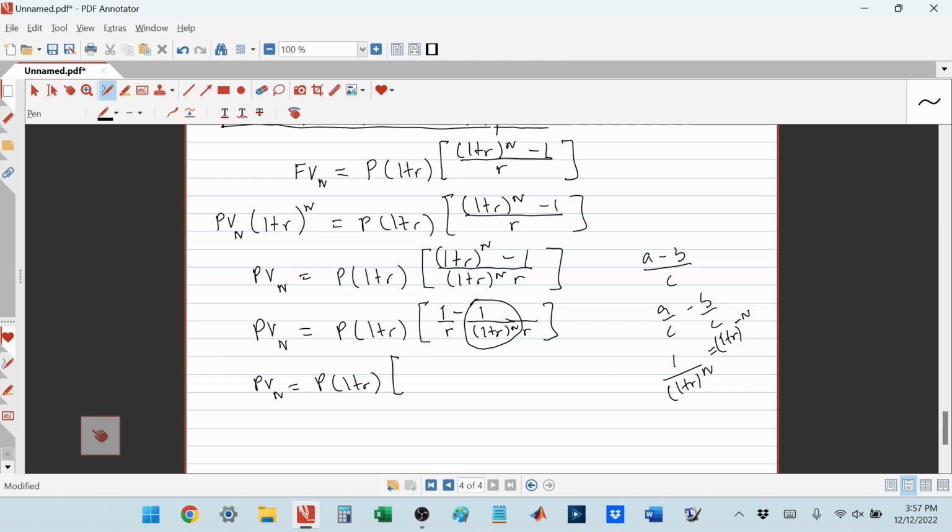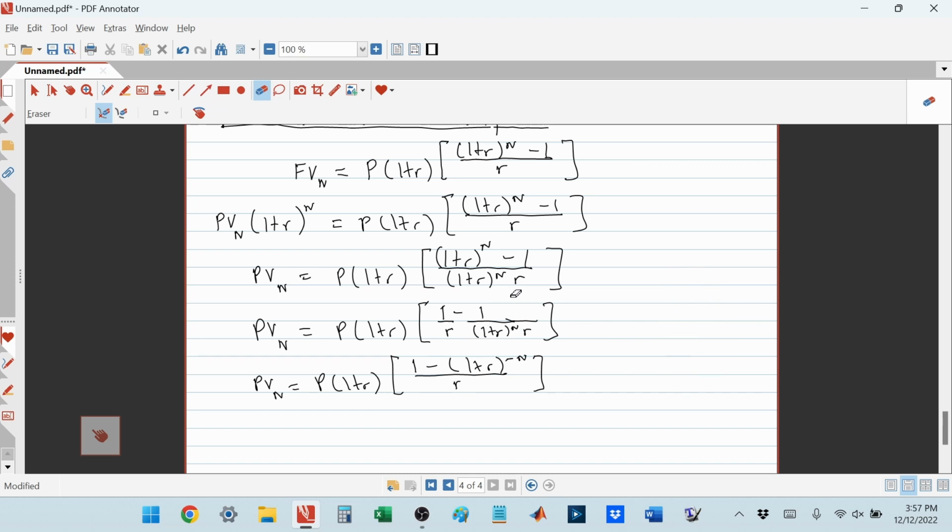So we're left with 1 minus (1 plus R)^(-n), all over R. And I can erase all of this because you all hopefully follow the algebra. This is the present value of an annuity due. This is our fifth equation.